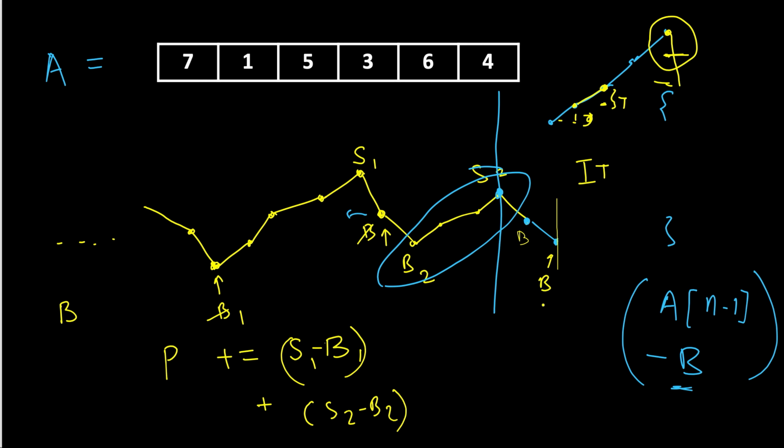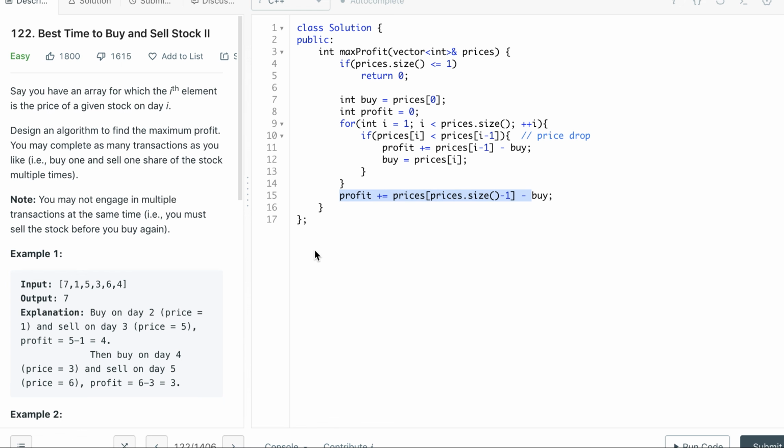So buy was pointing to the last price, that is A of n minus 1, and we are doing profit plus equal to price of A n minus 1 minus buy. But this buy is nothing but A n minus 1, so it will be 0. So adding 0 will not change anything in the profit, so we don't need any condition here. And then we need to return the profit.